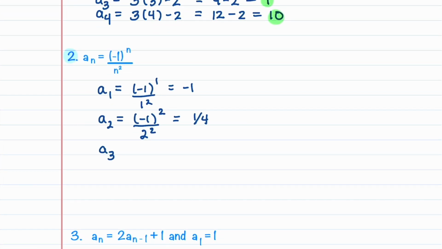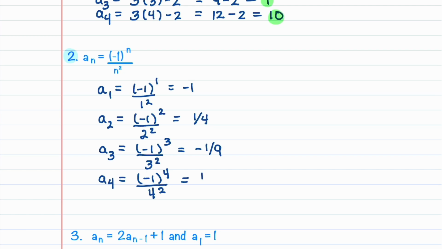Then A3 is just minus 1 cubed, all divided by 3 squared. Minus 1 cubed is minus 1, so we have a minus 1 over 9. And then lastly, A sub 4 is minus 1 to the 4th, all divided by 4 squared.